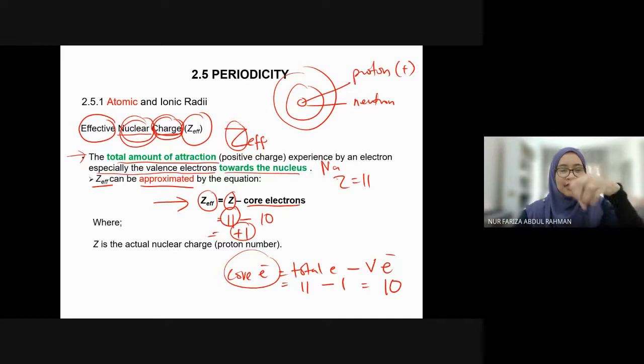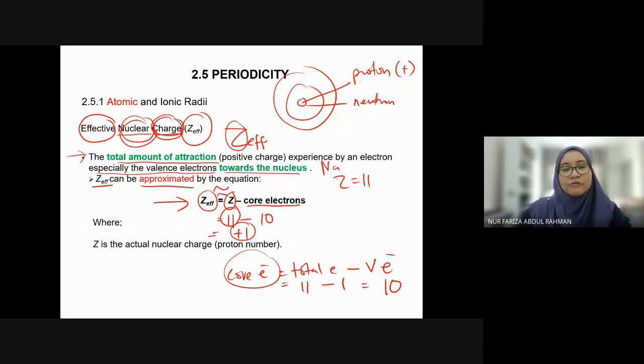So that is how you approximate the Z effective. You use this formula to approximate. Ni sebenarnya macam ni, approximate.